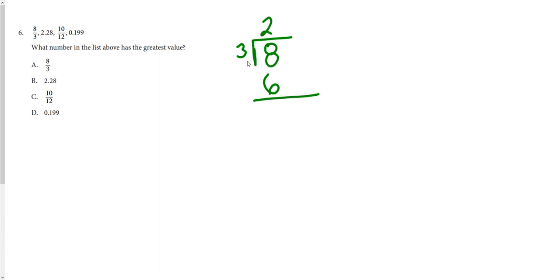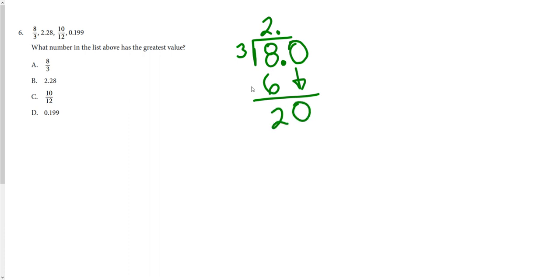So we need to add a decimal place and a 0. Right? 8.0 is the same as 8. So we add a decimal place, and that's where we get our extra number to drop down a 0 here. 8 minus 6, we get 2.